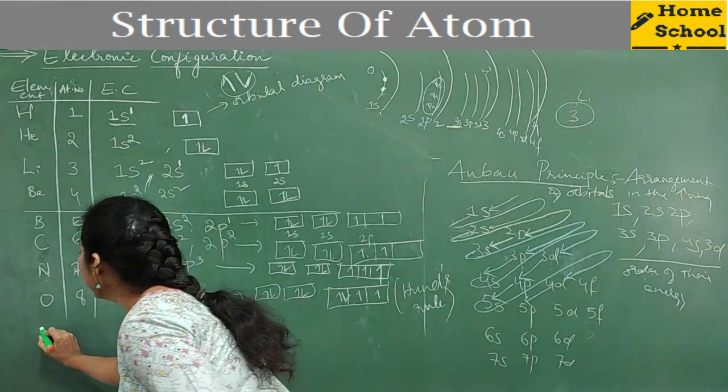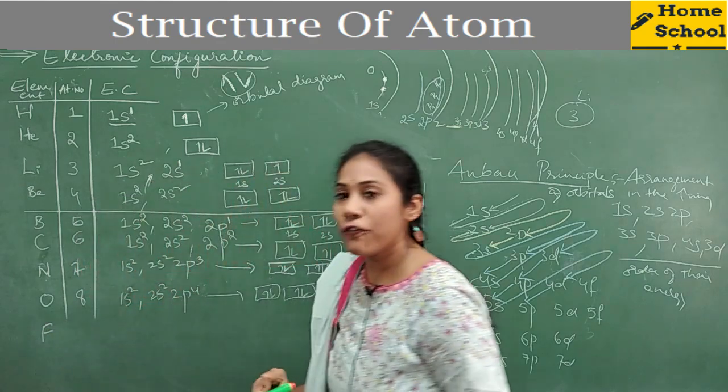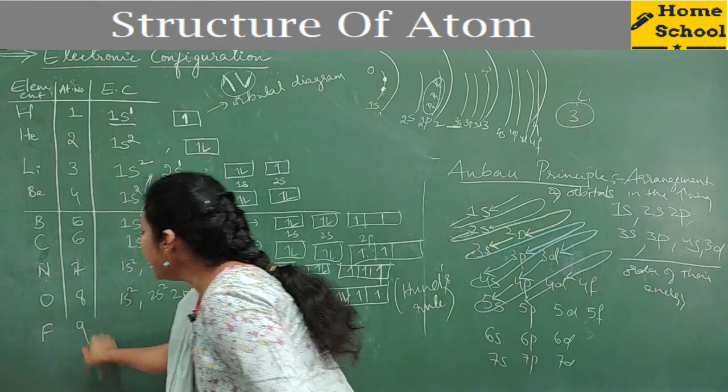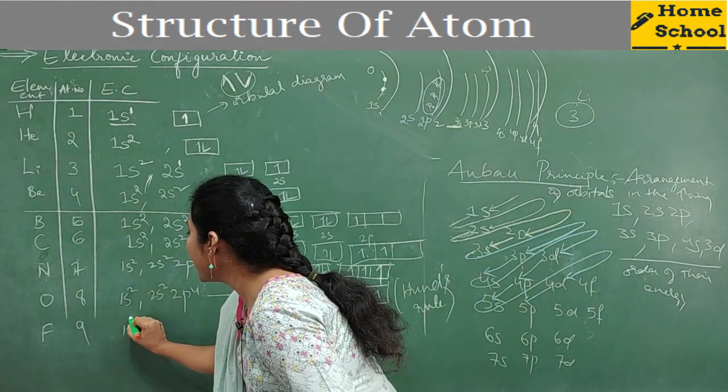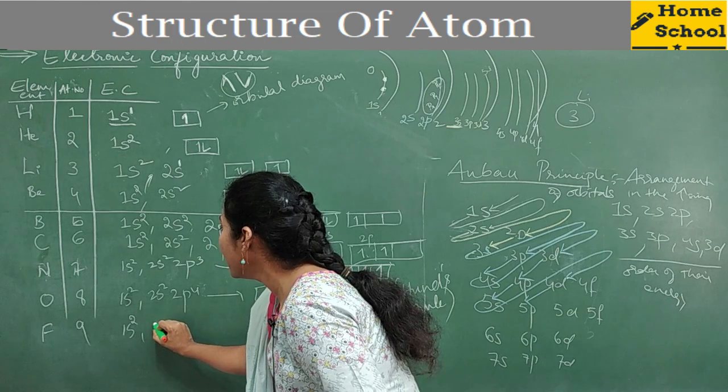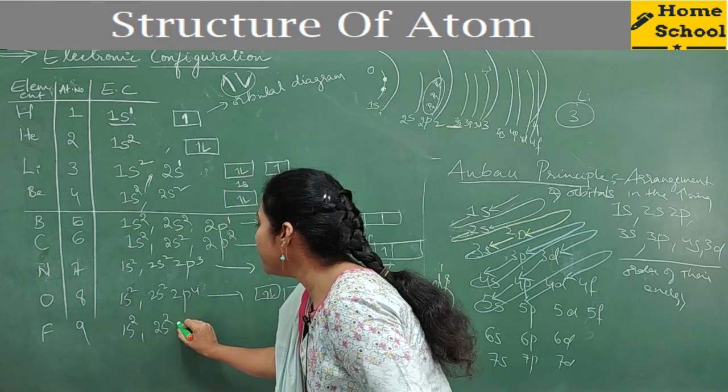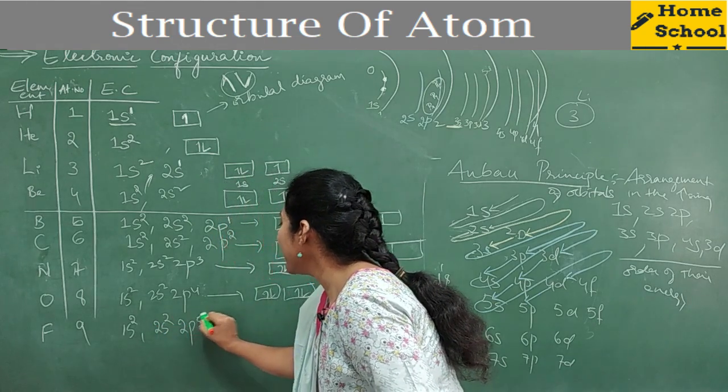Let me write the electronic configuration for fluorine. Fluorine atomic number 9. What is the electronic configuration? The 1s orbital is completely filled, the 2s subshell is also completely filled, and 2p will have 5, right?